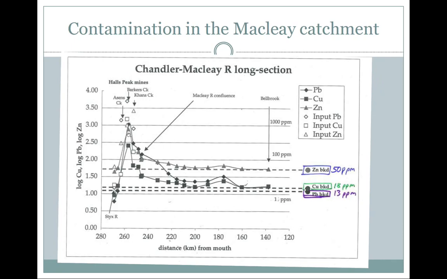Again, a less dispersed plume of heavy metal contamination, but reasonably substantial above background concentrations, above 50 for zinc, 20 for copper, and things like this. So it can cause issues downstream.